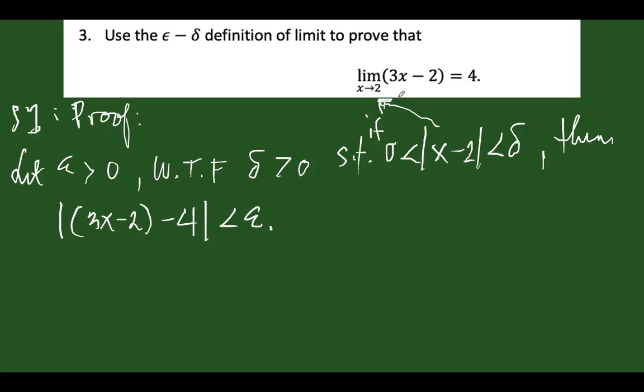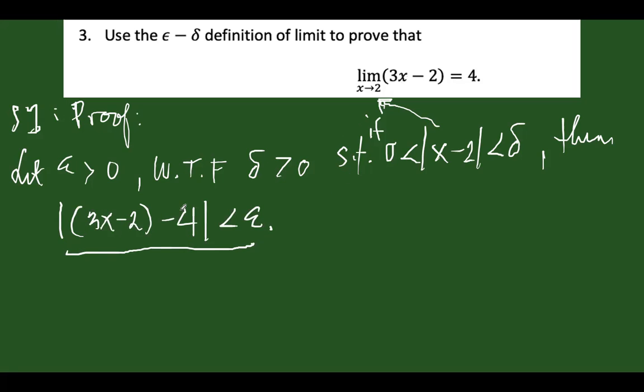All right. Now, since our given is 3x minus 2 and 4, we can use this statement or inequality to find the value of delta, which is greater than 0.